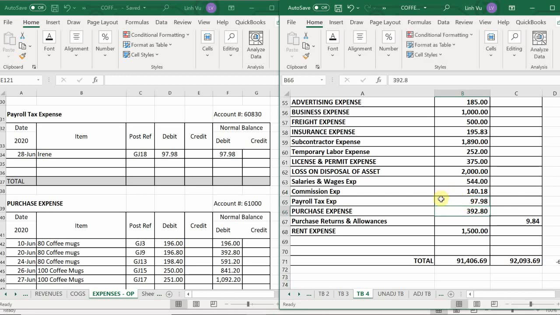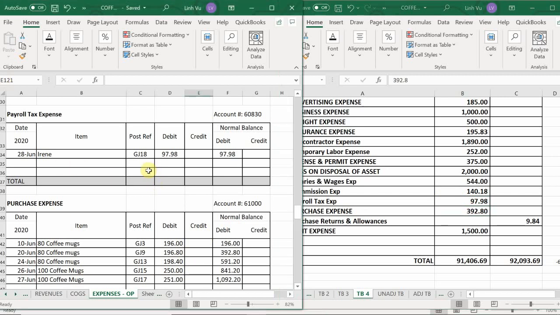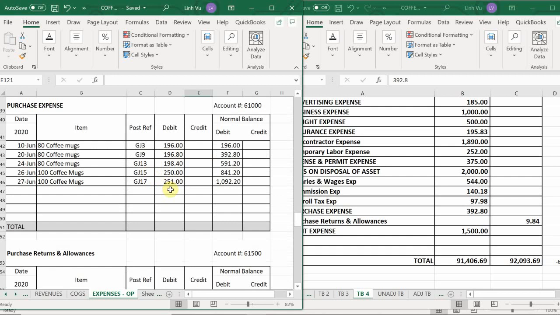Okay. Next we have here is a purchase expense. How much is my purchase expense outstanding for?